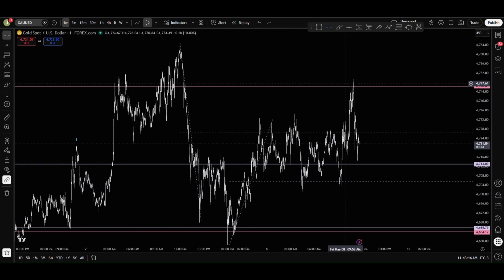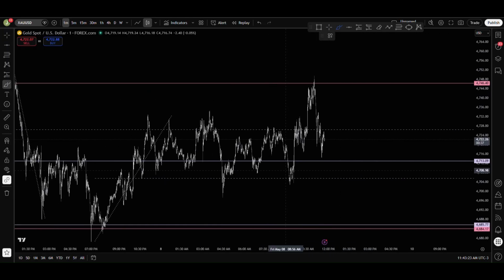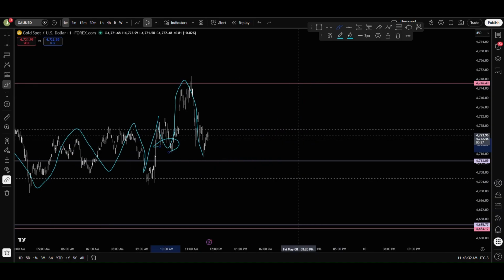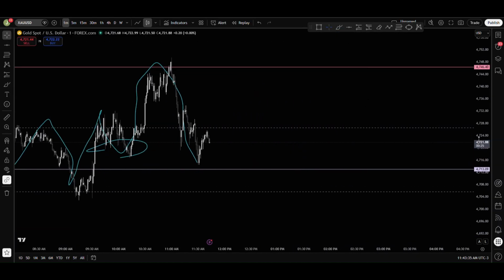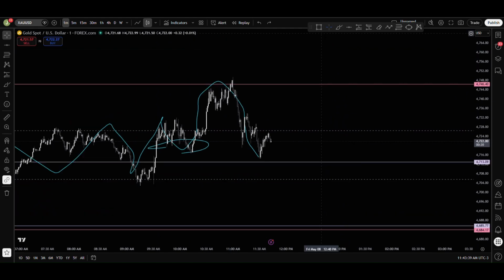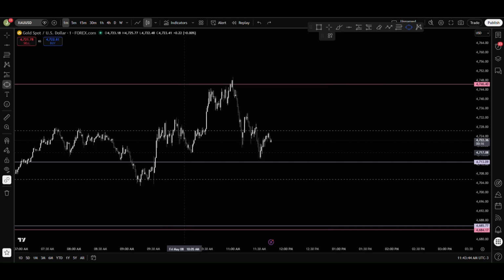We touch the top of the range, we touch that 4-hour level that we drew up last night, we finally reached it, and then we get this middle time frame shift. I'd consider we're in a middle time frame range here. We break to the upside, a strong move to the downside, break that low, and since we broke this external low, I'm not really looking to trade with this low time frame trend.